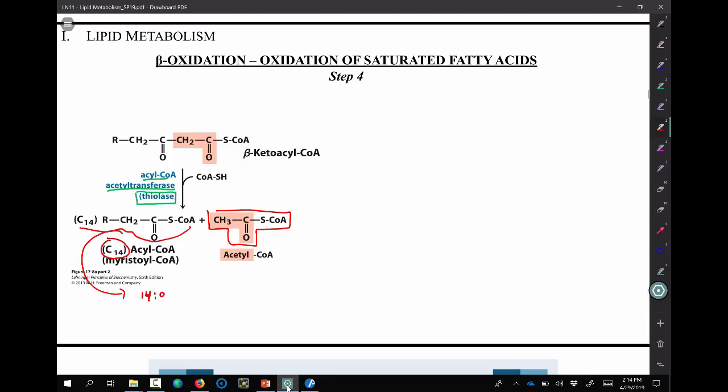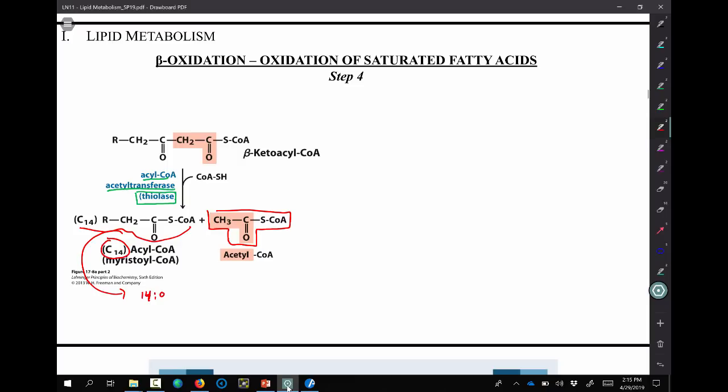And then it'll go to the next round. You get the idea, and it just keeps doing this over and over again. At the end of it, it's always an acetyl-CoA that's made, and then you could just essentially say it would be C(N-2), where N would be the number of carbons that round started with. And they're always removing 2.